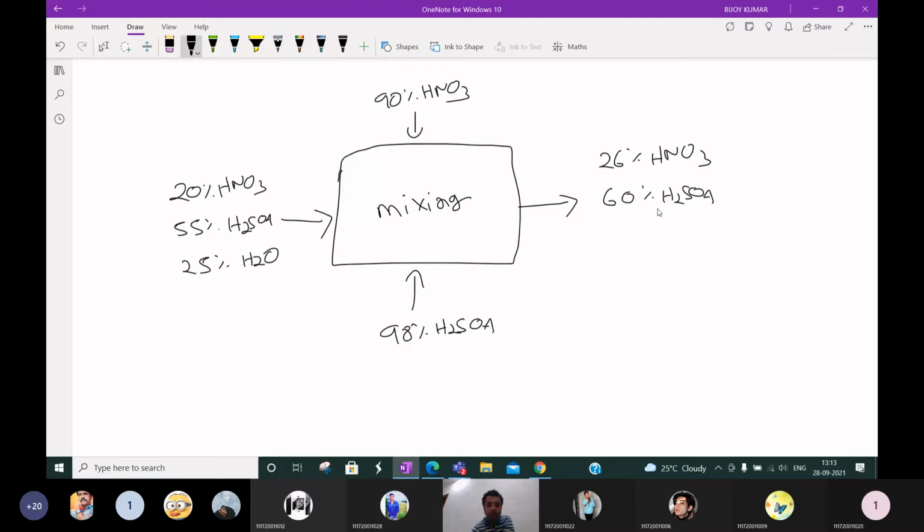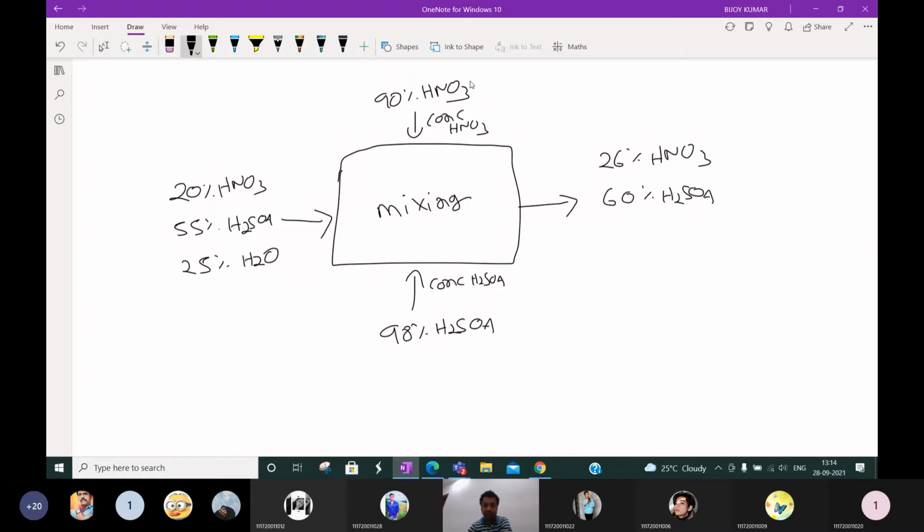So how to do it? We have to add the concentrated acids of H2SO4 and HNO3. Suppose the concentrated H2SO4 bottle has a composition of 98% H2SO4, and the concentrated HNO3 has a composition of 90% HNO3.